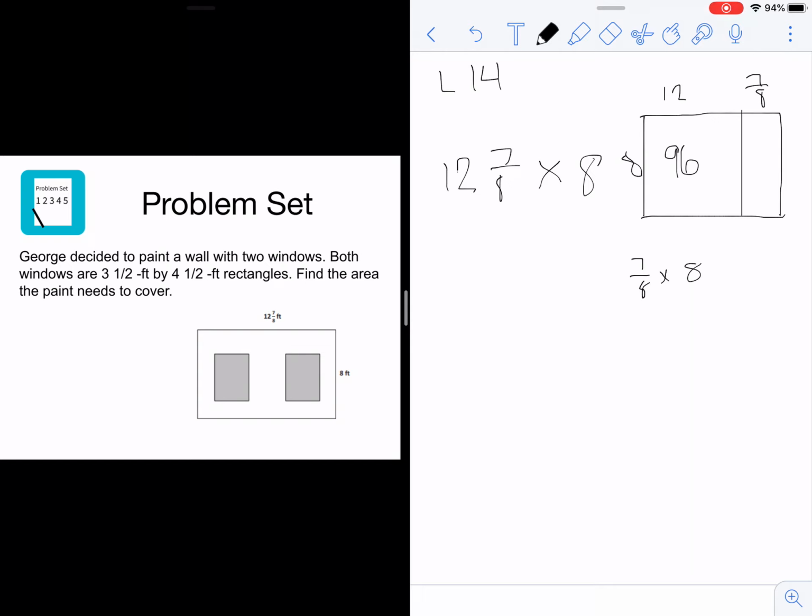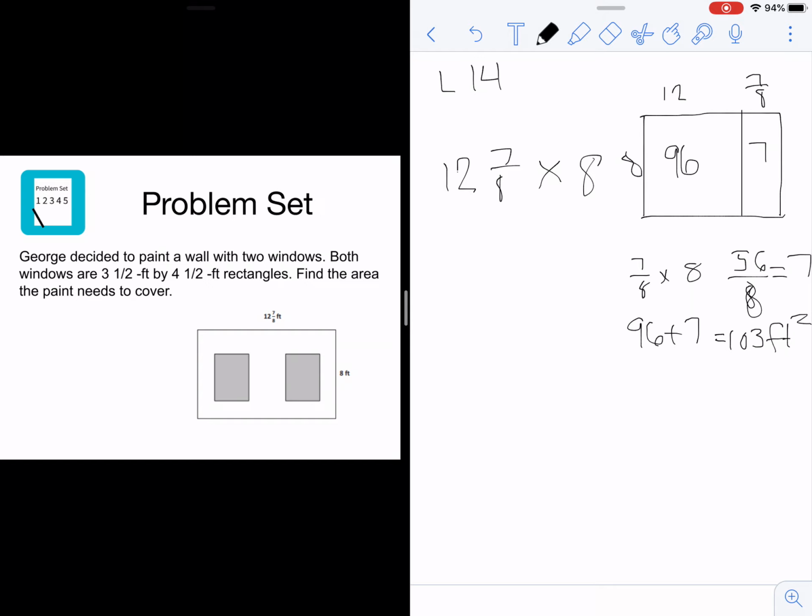So we have 56 over 8. 8 goes into 56 7 times, so it's 7. So we have 96 plus 7, which equals 103 feet squared. That's the area of the wall.